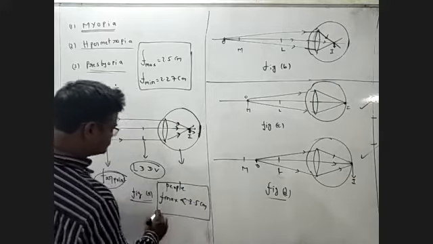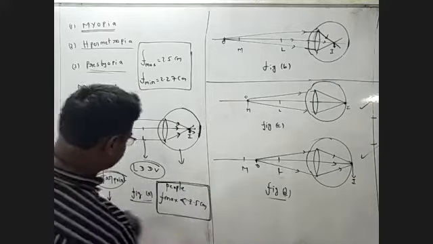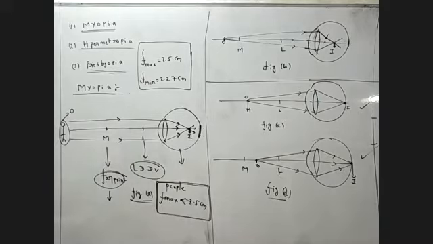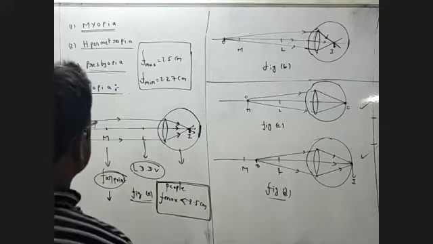This person's maximum focal length is less than 2.5 centimeters. This type of people, their maximum focal length is less than 2.5 centimeters.